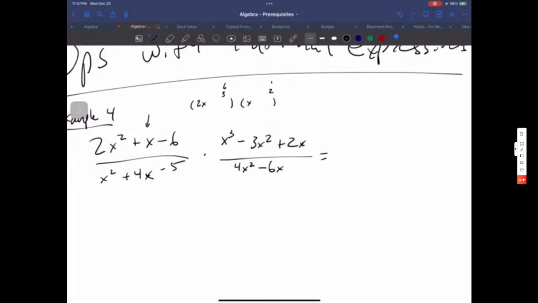I think it's going to be 2x plus 3. No. Yeah, how about this? Minus 3, and here we're going to have a plus 2, because 2 times 2 will give us 4x, and then minus 3 times x will give us minus 3x, and that gives us a 5.